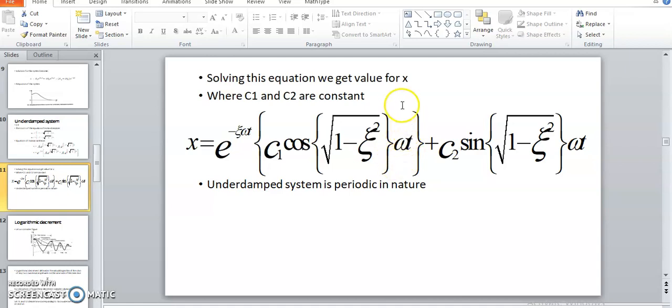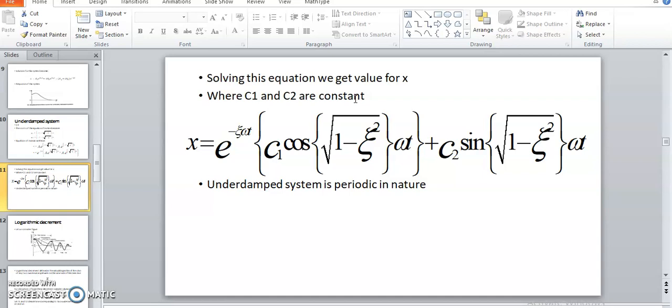Now here we provide damping by means of a viscous medium. In that case, the natural frequency becomes called the damped natural frequency, omega suffix d.